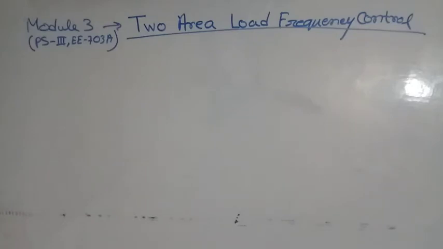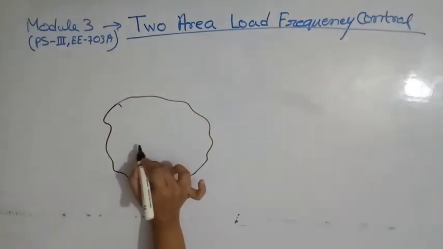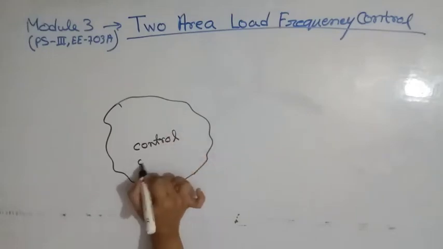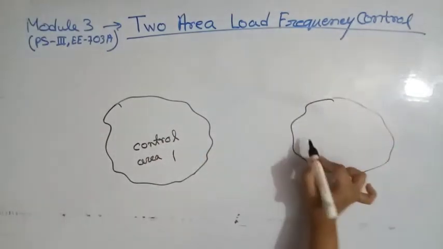Now, an extended power system can be divided into a number of load frequency control areas interconnected by means of tie lines. Without loss of generality, we shall consider a two-area case connected by a single line. This is our control area 1, and this is our control area 2.